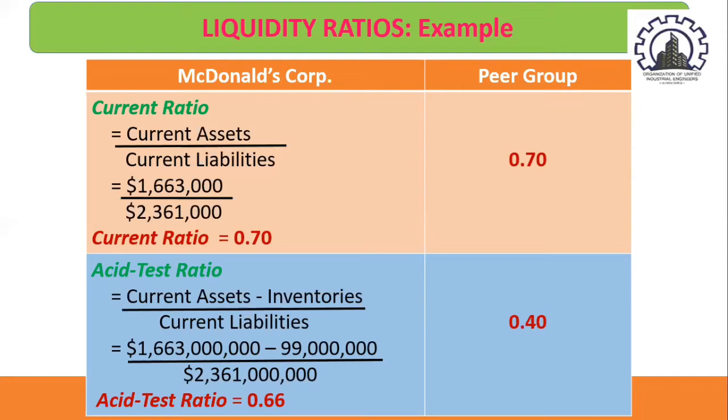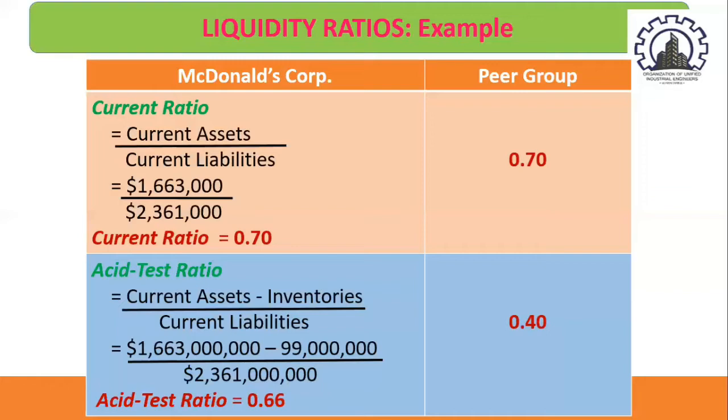In current ratio, McDonald's has a 0.70 current ratio, the same as the peer group, which has 0.70. On the other hand, under acid test ratio, McDonald's Corporation has 0.66 compared to the peer group, which has 0.40.